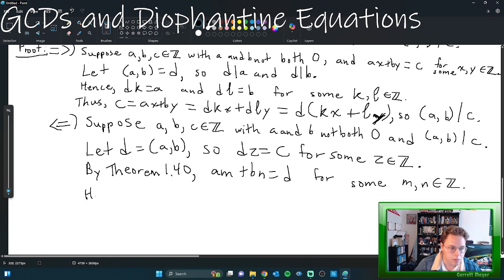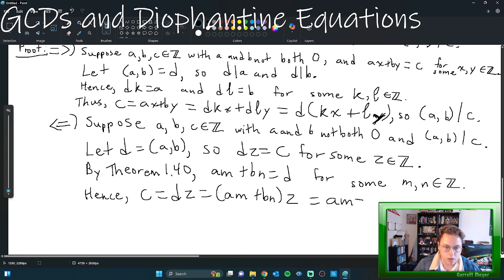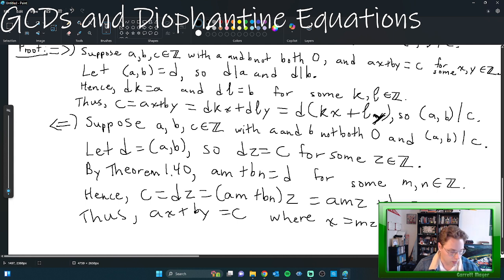Hence, c, which we know equals dz, equals am plus bn times z, which equals amz plus bnz. Thus, we can finish it up. ax plus by equals c, where x equals mz and y equals nz. Sweet. And now we have the proof.